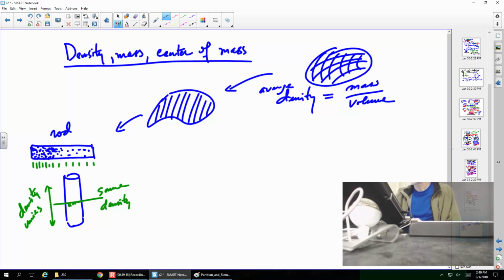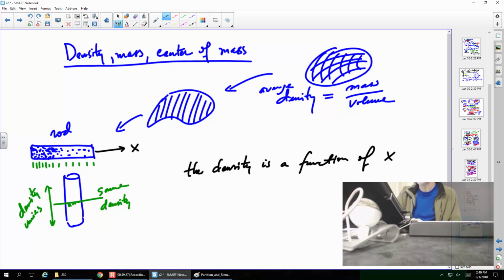So how do we proceed? We just say the density is a function of one variable, of x. Wherever I put my x-axis, it's my choice, I will put it along the line where the density varies.